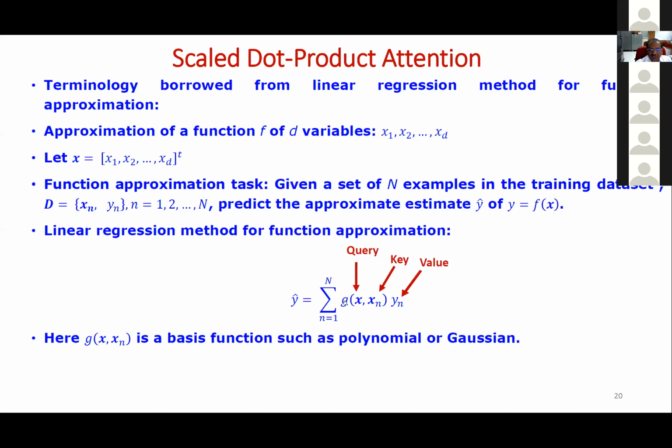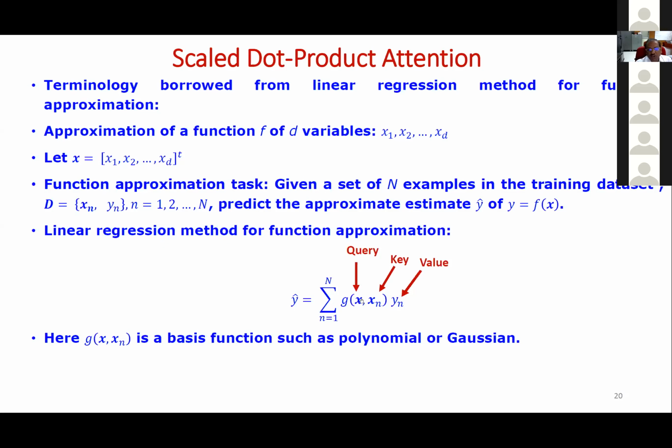Typically we use a Gaussian basis function, which looks at the Euclidean distance between x and xn and gives some kind of measure of similarity, and that measure of similarity is used as a weight applied on yn. Now we can see that this y hat is obtained as a linear combination of this yn, where the weights are determined by the value of this basis function, which in turn is related to the similarity between the query and key, right?